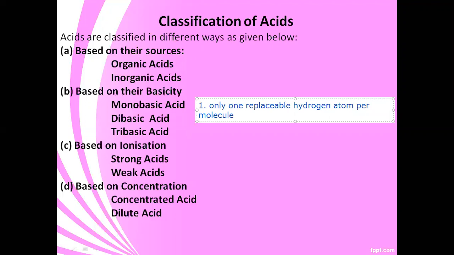So that is called monobasic acid. Mono means one, so only one replaceable hydrogen atom per molecule. That is called monobasic acid.